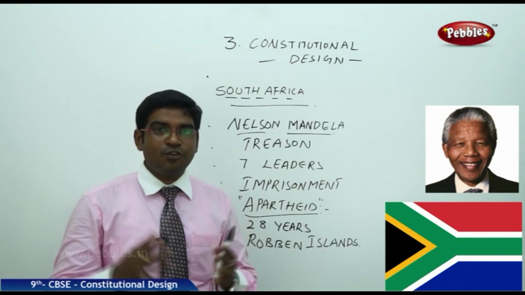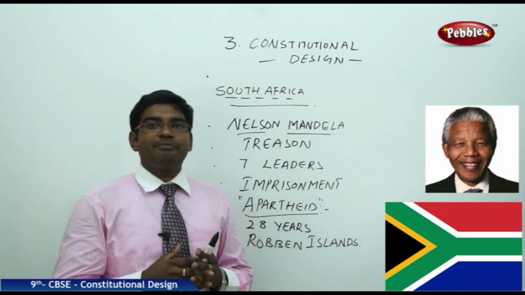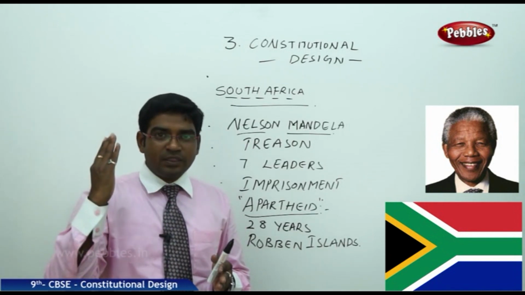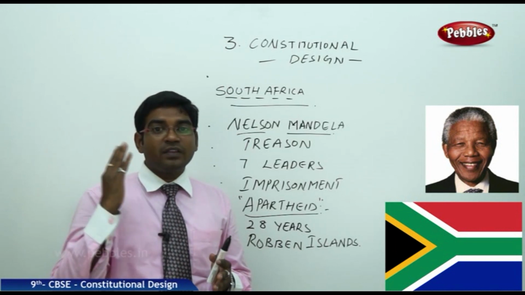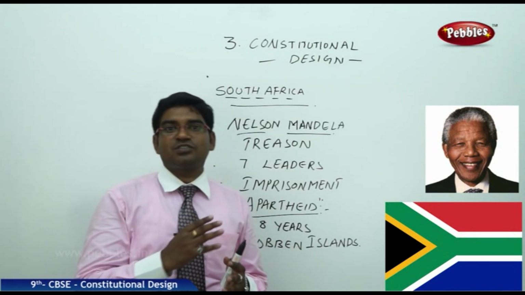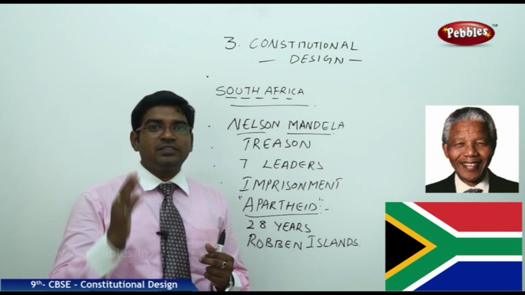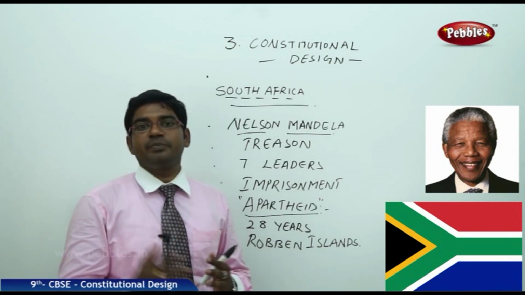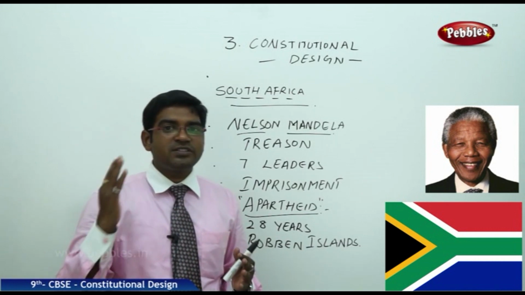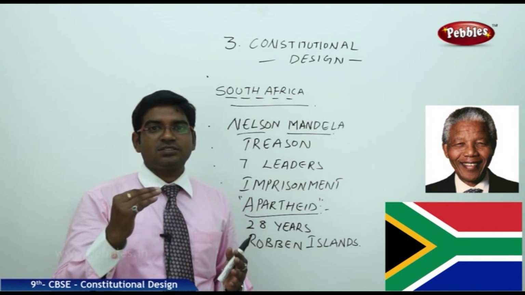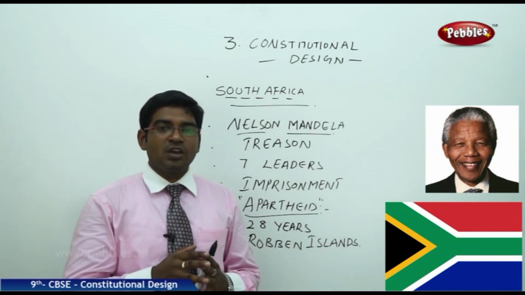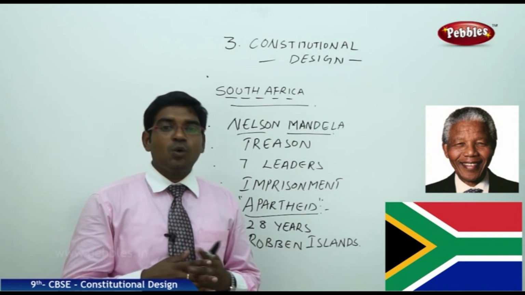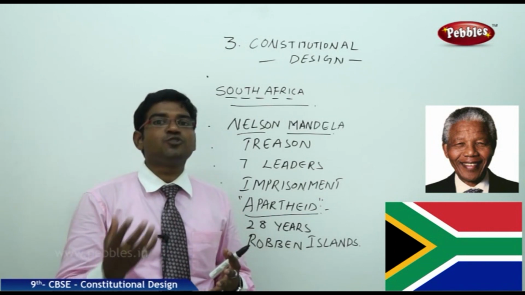So in 1964, Nelson Mandela started a struggle to end the policy of apartheid. This policy has to be ended because it is truly against the basic rights of human beings. Someone cannot judge others just on the color of their skin, over which a person doesn't have any control, which he acquires naturally.